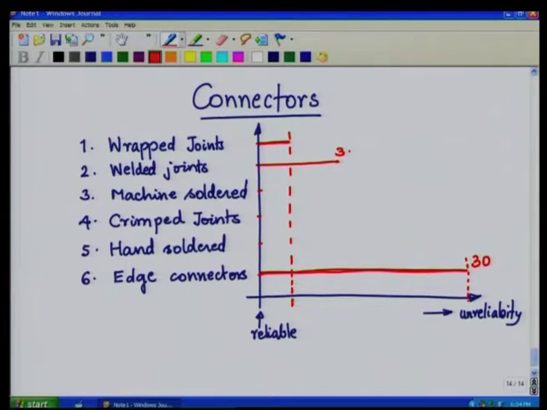These are not to scale. The machine soldered joints a value 7. Crimped joints more or less like the machine soldered joints, and then you have the hand soldered joints 10. So, you will see that the various connectors have various reliability associated. So, keep that in mind while choosing the connectors for your printed wiring boards.